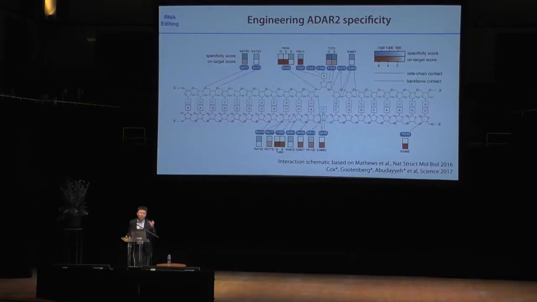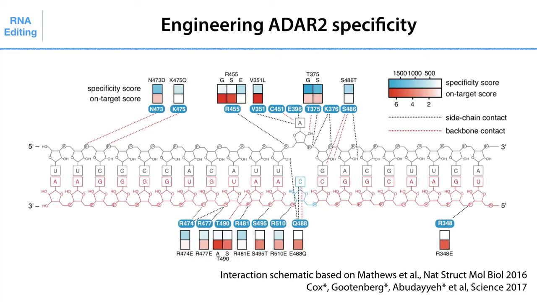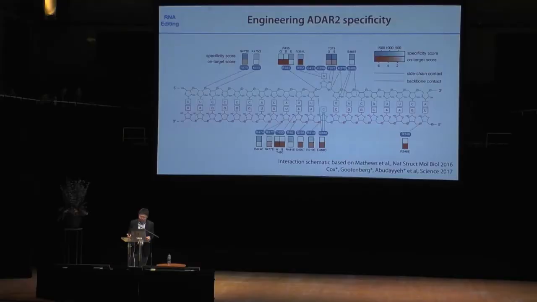So by looking at the crystal structure, the atomic shape of this molecule, we can then design ways to be able to minimize the potential association between this molecule and also the unwanted changes. And so by identifying all of these different residues on this molecule, we can then alter them so that we can try to get it to recognize RNA in a more specific fashion.